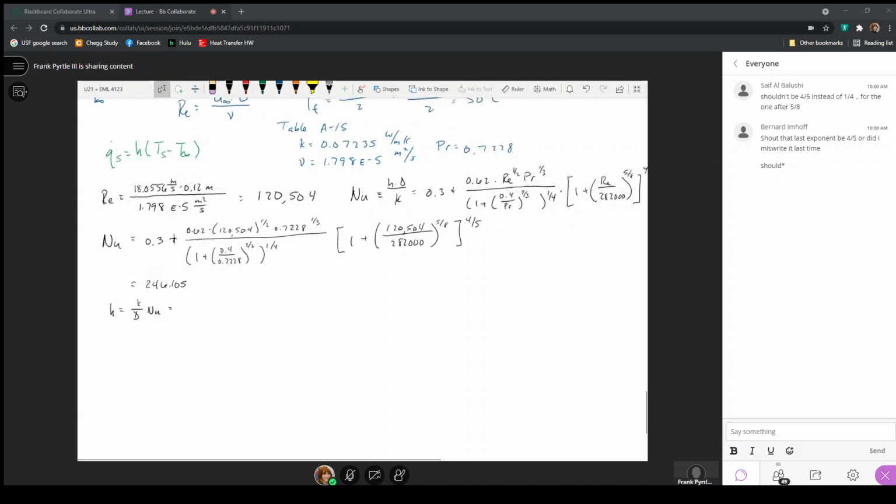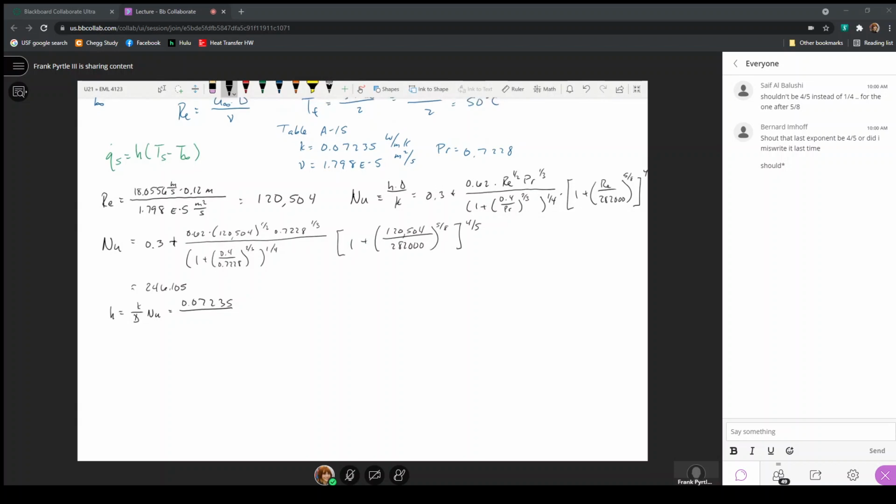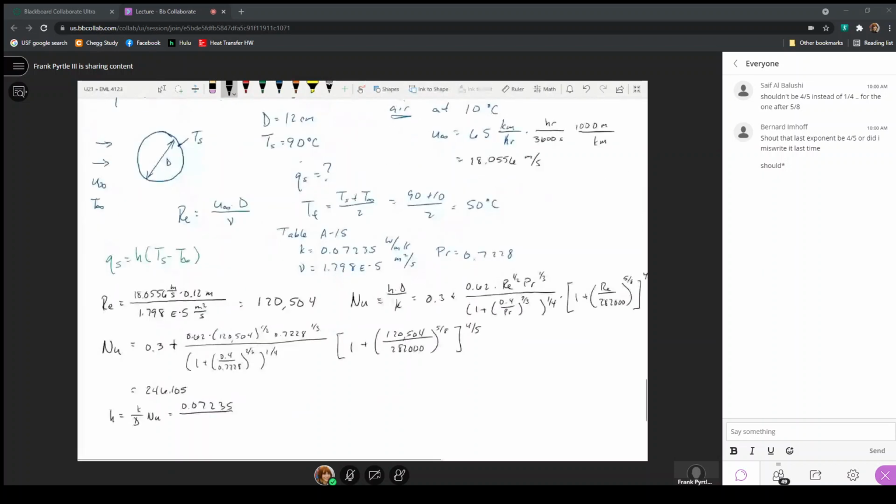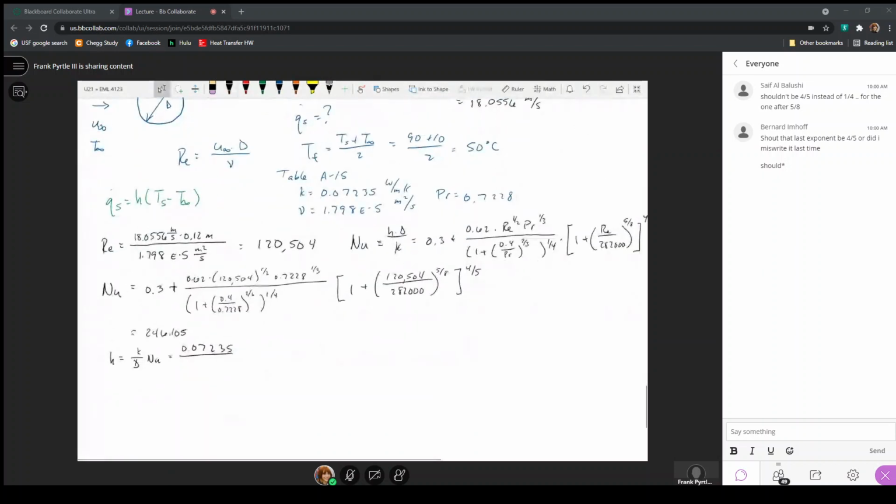So the thermal conductivity here is 0.07235. The diameter is 0.12 meters, and the Nusselt number is 246.105. So we can get the heat transfer coefficient over this surface.